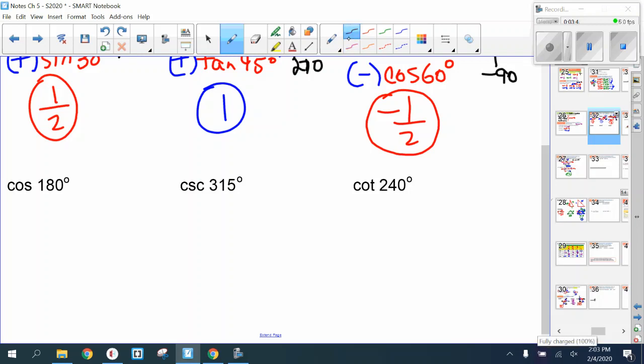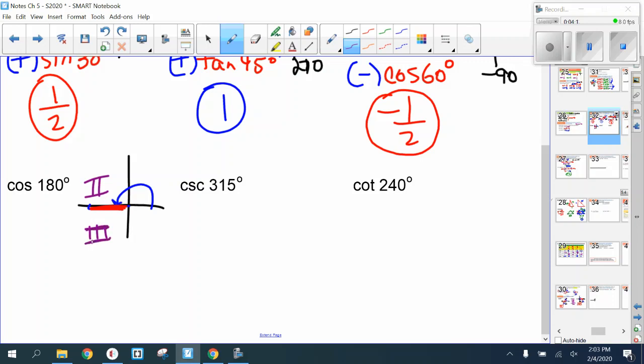Cosine 180. So we know 180 is going to put us right there. It's kind of tricky for some to think about how far away from the x-axis that is, but it's right on the x-axis. 180 is 0 away from 180. We also know about cosine, you can't really say that's the second quadrant because it's in between 2 and 3, so I wouldn't call it in a quadrant.